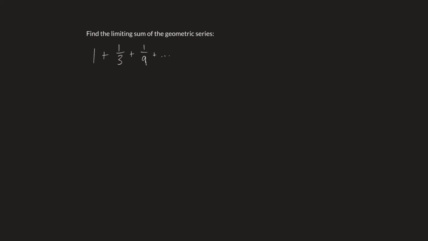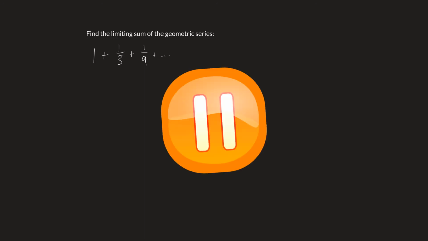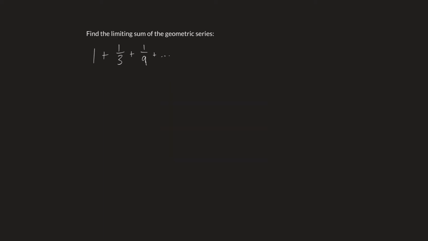In our problem here, we need to find the limiting sum of the geometric series 1 plus a third plus a ninth. So what I would like you to do now is to pause the video and have a go at trying to find the limiting sum for yourself. We need to start with a equal to 1.